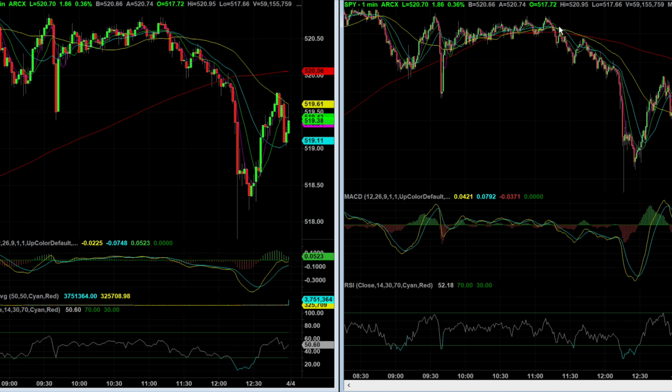It stayed there for a long time until after around lunchtime, 12, it had a sharp drop again. It recovered at the final hour. That's a sign showing bullish. Bulls are in control, not the bears.